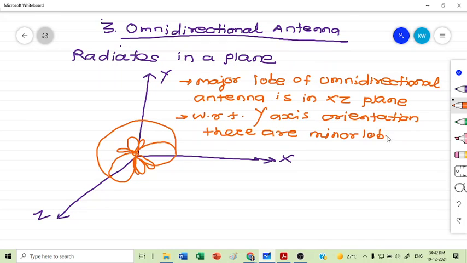And in omnidirectional antenna, we don't have a back lobe.